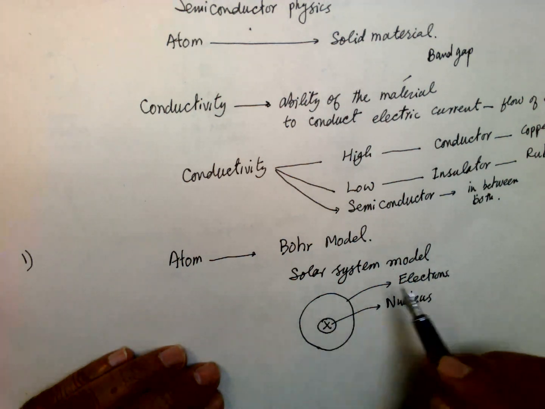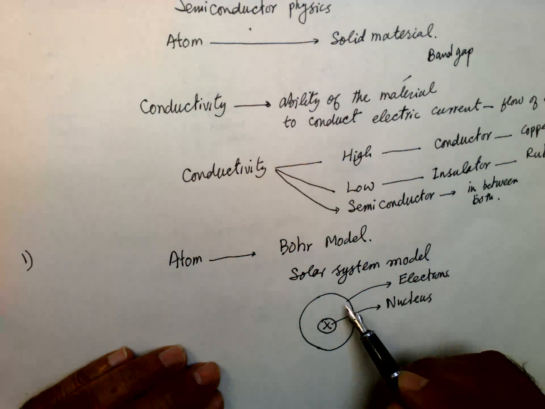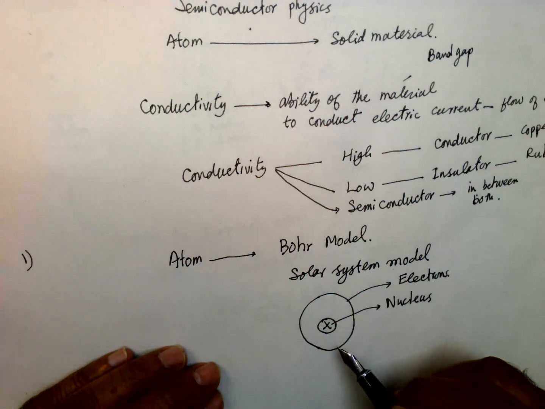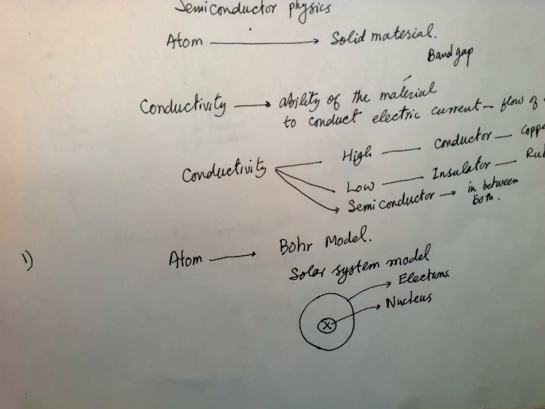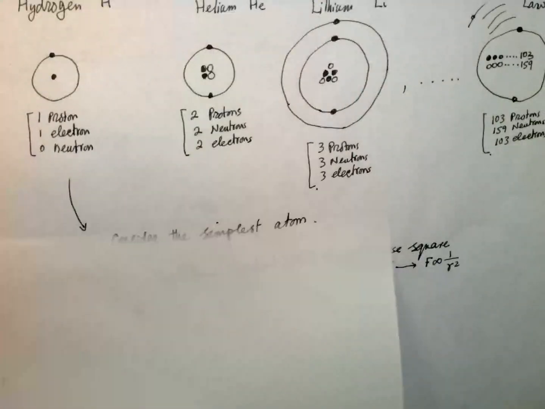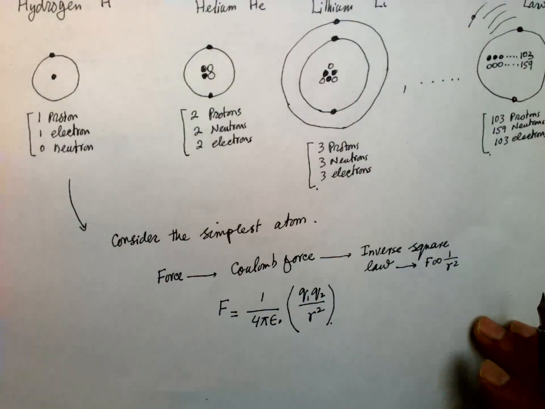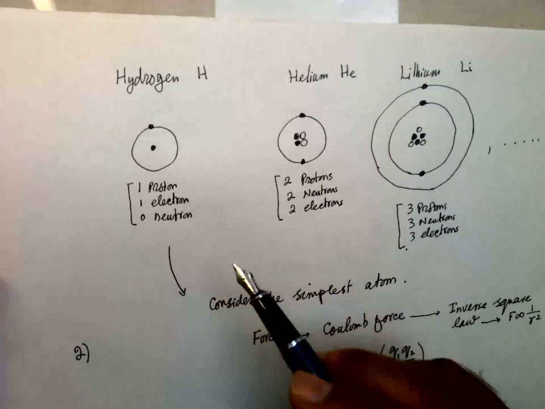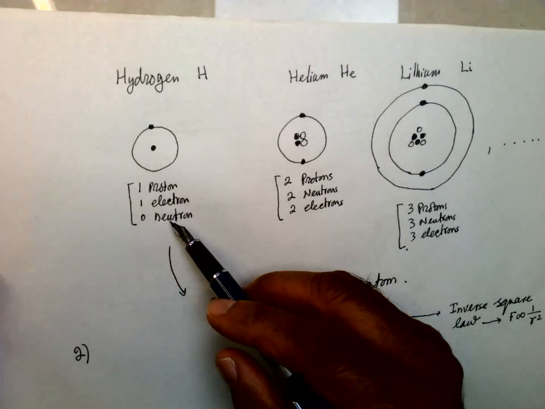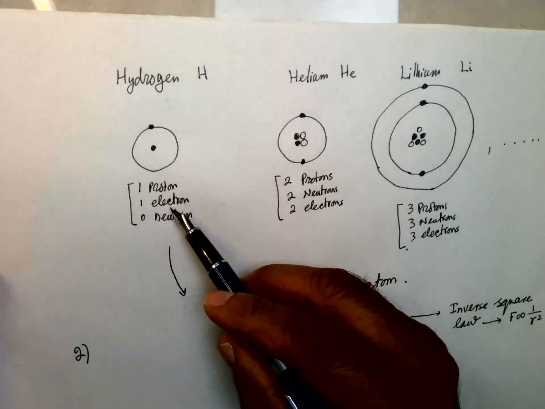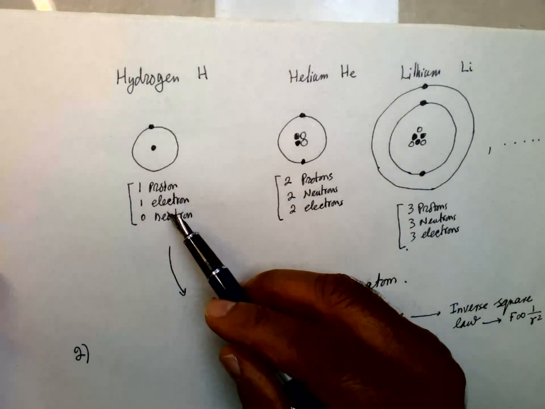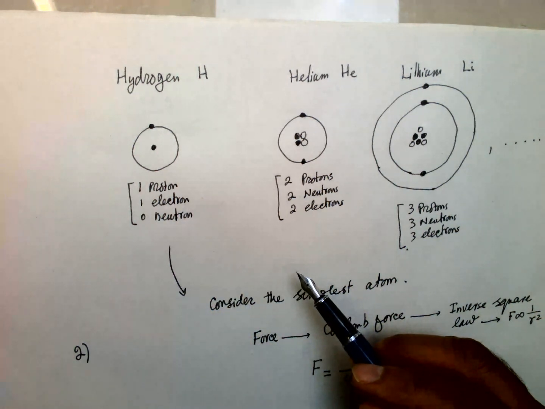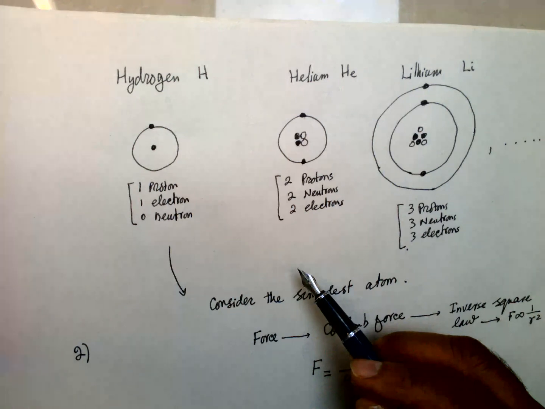It is similar to the solar system: electrons in the outer region, and the nucleus in the center of the atom. There are different elements. This is hydrogen, with one proton, one electron and no neutron. Other isotopes have one or two extra neutrons: deuterium and tritium.